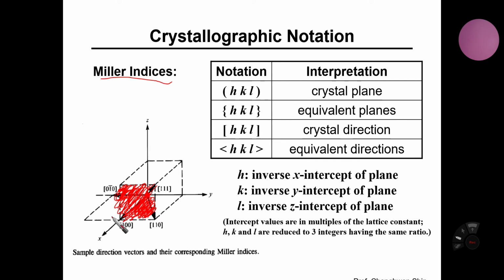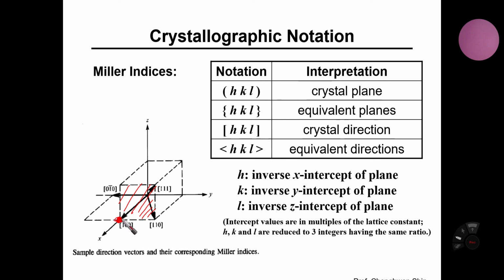The steps to get Miller indices are as follows. First, take a look at the x, y, z intercepts of the plane that you are interested in. Since we're interested in this plane, what is the x-intercept of the plane here?